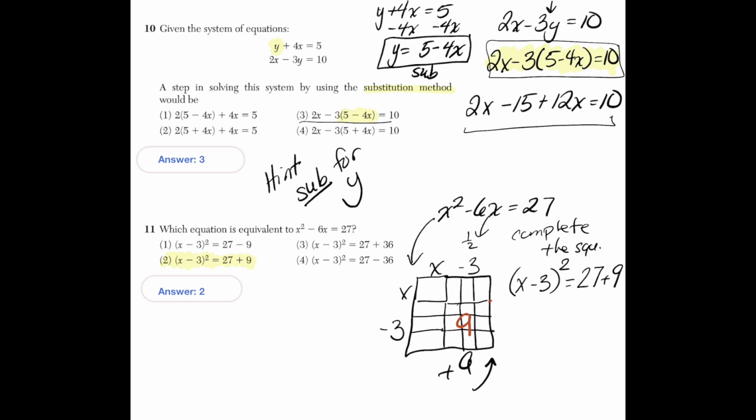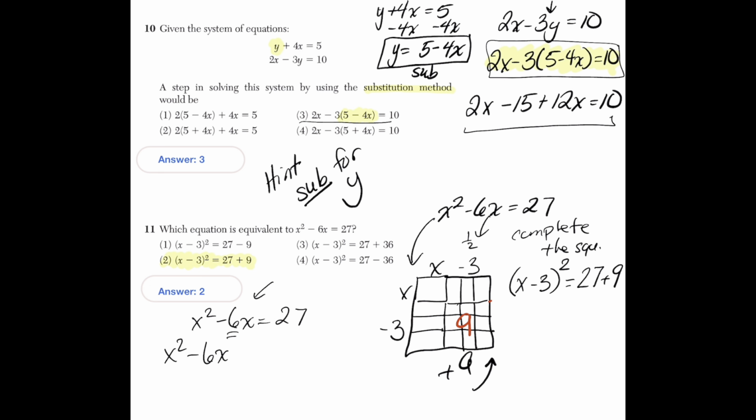Bam! So again, I love the visual, so if this really helps for you, you can hit pause and jot this down. If this doesn't, if you want to see it algebraically, I'll show you that one as well. So let's say you want to do it only algebraically. You would still do the same type of step, which is to take half of b, the b term, and square it.